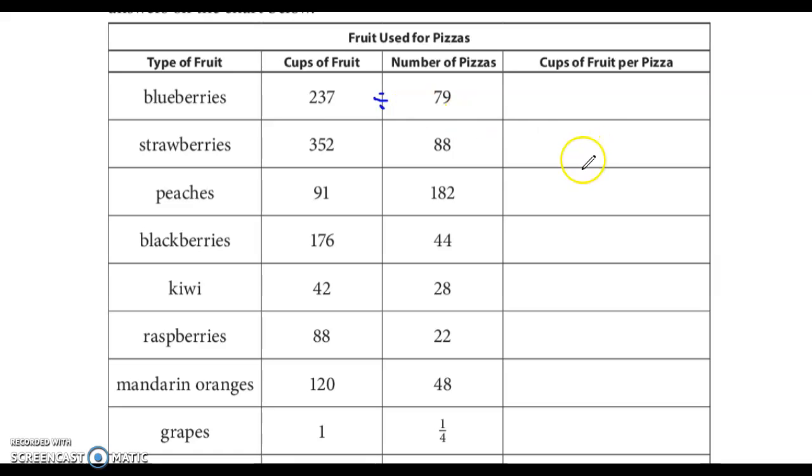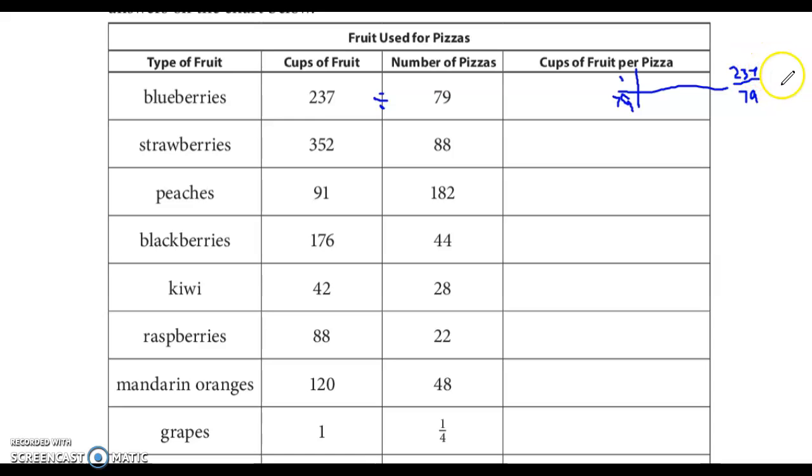Now there's a few different ways that you could do this. You could do a ratio table. So you set up one group of 79 and you go up to 237. Or you could rewrite this as a fraction, 237 divided by 79, and think about how many times 79 goes into 237 without going over.